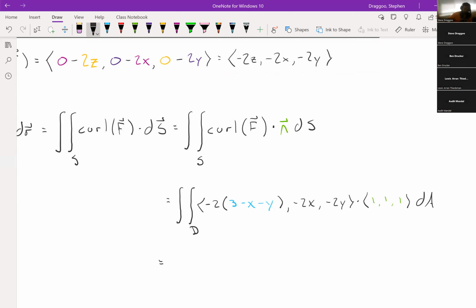So clean up this dot product. I'm going to have a negative 6 plus 2y plus 2x minus 2x minus 2y. The only thing that survives out of all that is a negative 6. So we're looking at the double integral over the region D of negative 6 dA.